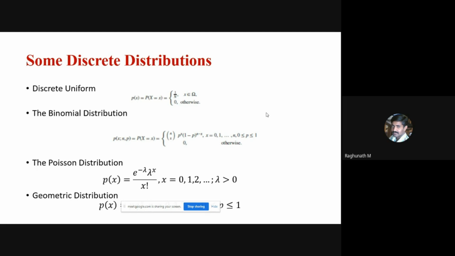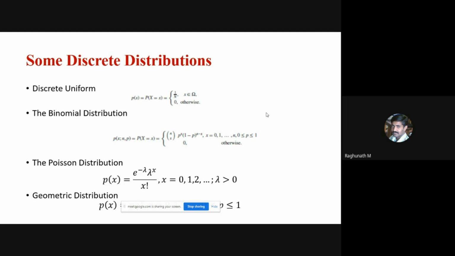If I call that distribution discrete, it means that the random variable will take finitely many values or countably many. More precisely, my random variable X is discrete if it takes finitely many values or countable. Countable, I will come to in the last two distributions.